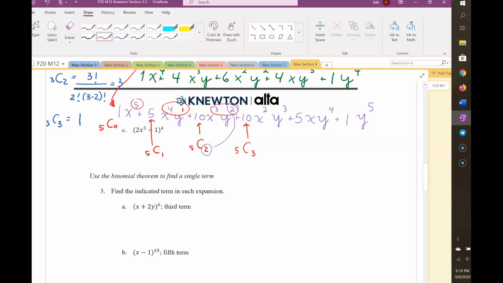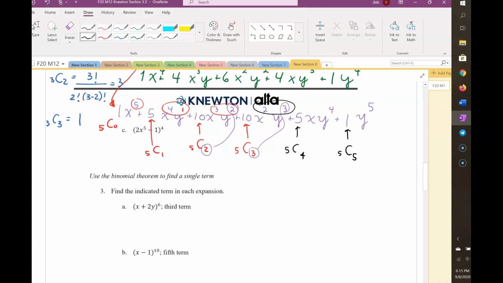This next coefficient is 5 choose 3. Again, notice that the 3 corresponds to the exponent on the second guy, and that the 2 exponents together always add up to 5. And then we have 5 choose 4, and 5 choose 5.